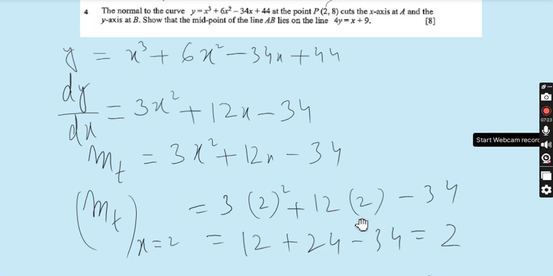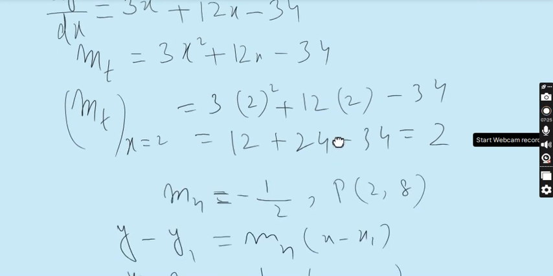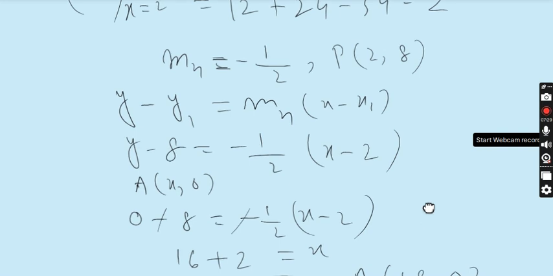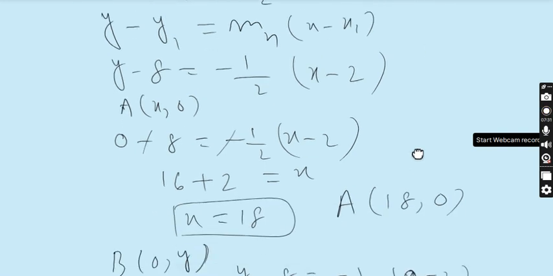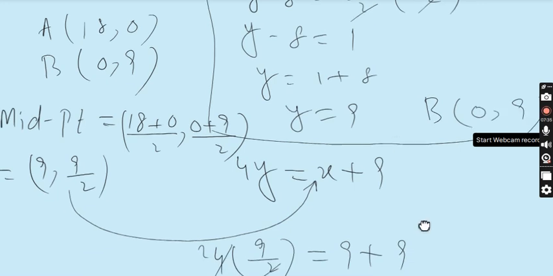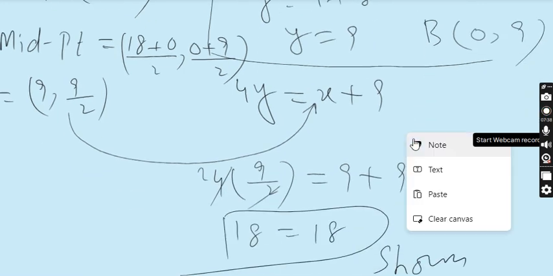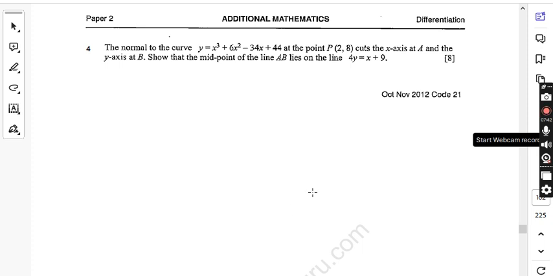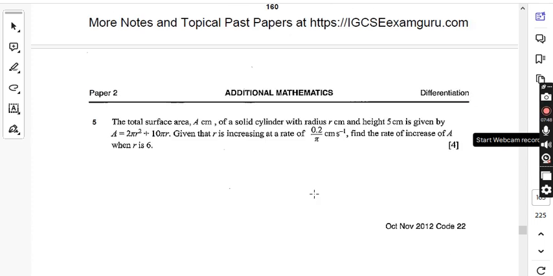So first find the gradient of the tangent, then the gradient of the normal, then the equation of the normal, then find the coordinates of A and B, then find the midpoint of AB and then satisfy. Very easy question and very important from the examination point of view. This question came in October, November 2012, paper 2-1. Move to the next question.